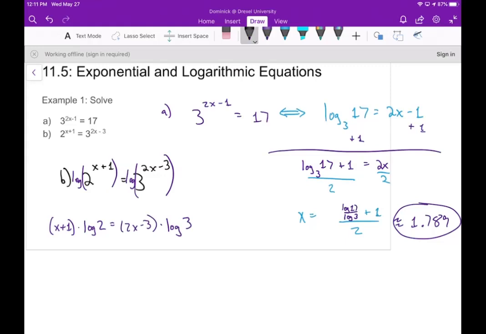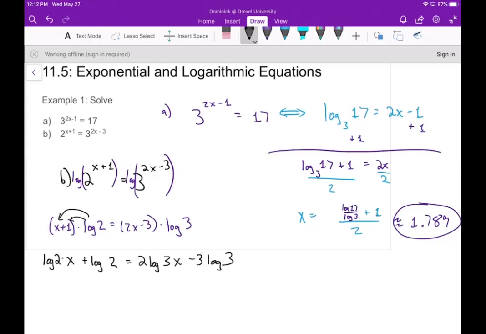So if we distribute, log 2 times x is just log 2x. Log 2 times 1 is just log 2. Right? Then on the right side, we're going to get 2 log 3 times x minus 3 log of 3.